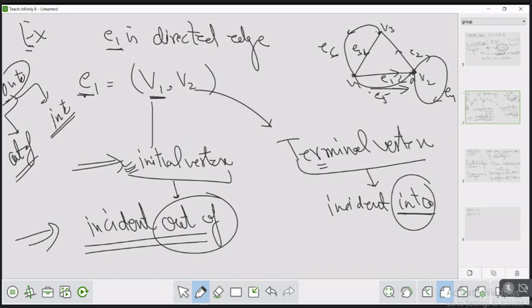If we remove the direction, means if we obtain the undirected graph, what is the degree of V2 in that case? 5.